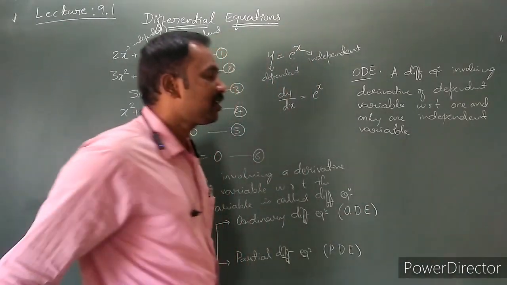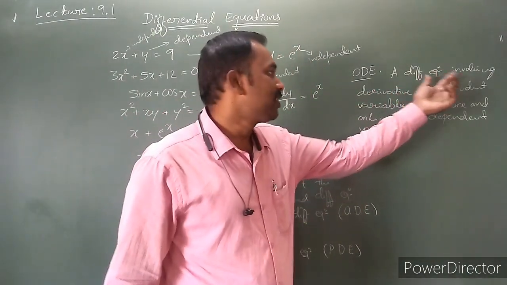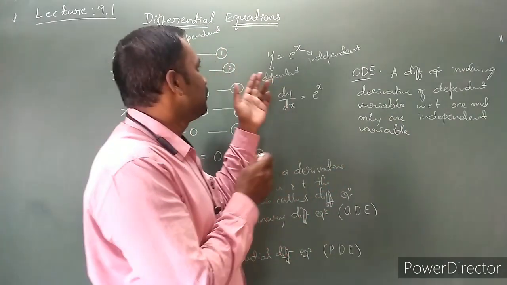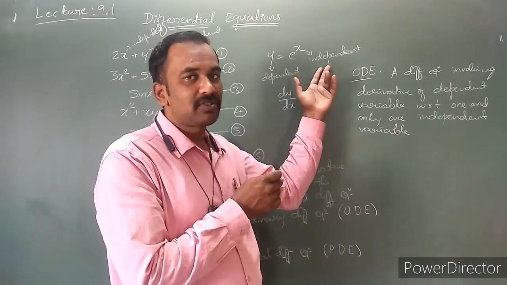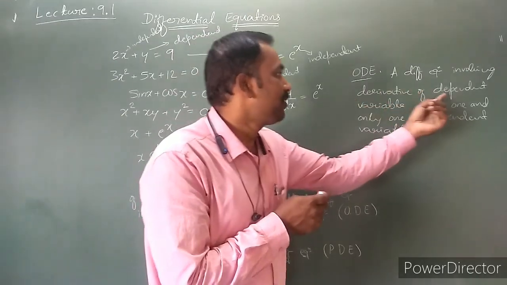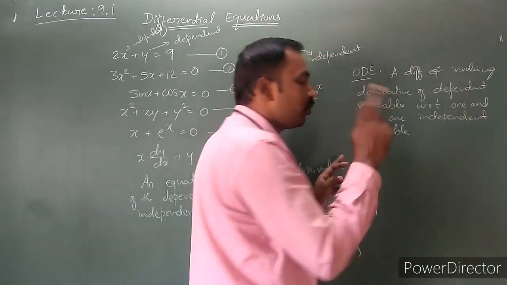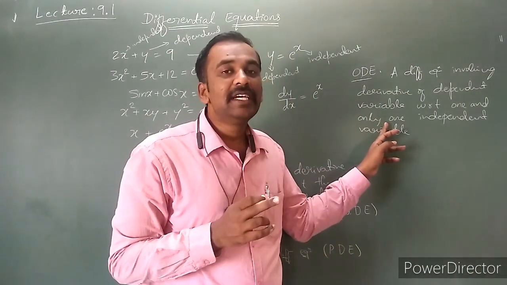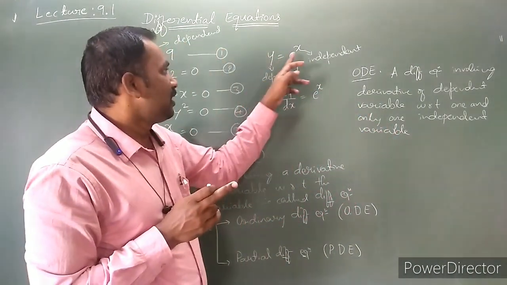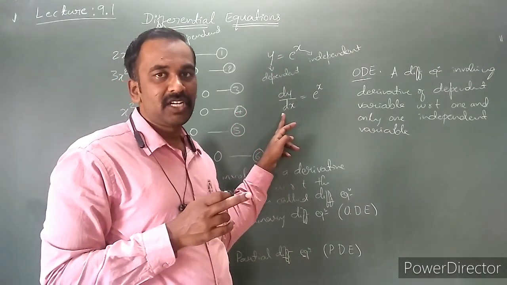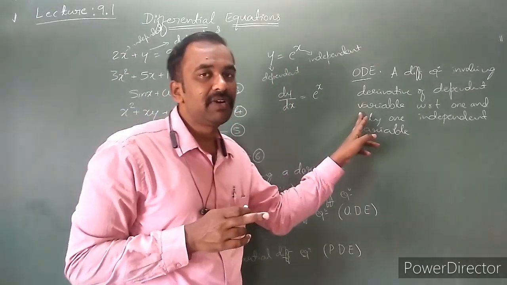What is the ordinary differential equation? A differential equation means it has a derivative of the dependent variable with respect to the independent variable, that is, with respect to the one and only one independent variable. Here x is the independent variable, y is the dependent variable. Obviously we can say that it is an ordinary differential equation because it satisfies our condition.